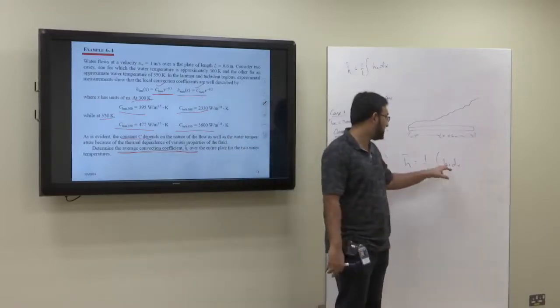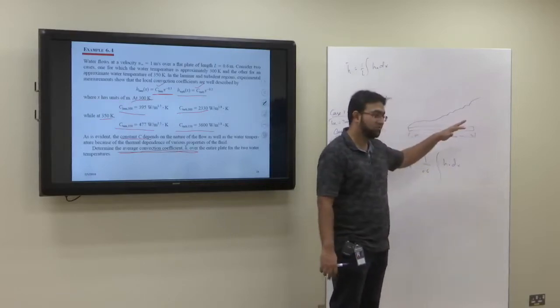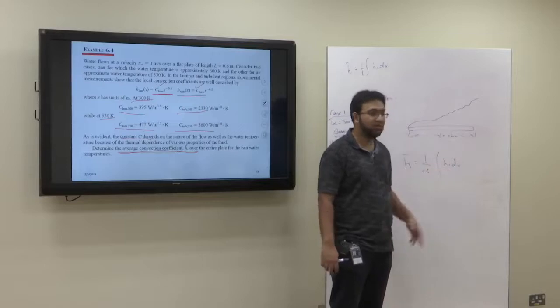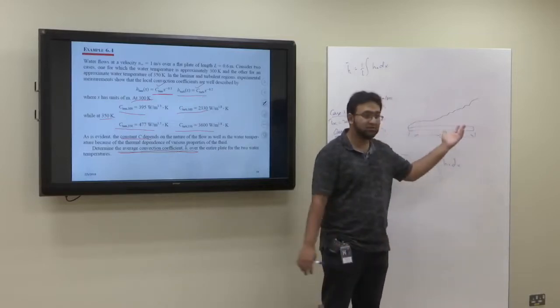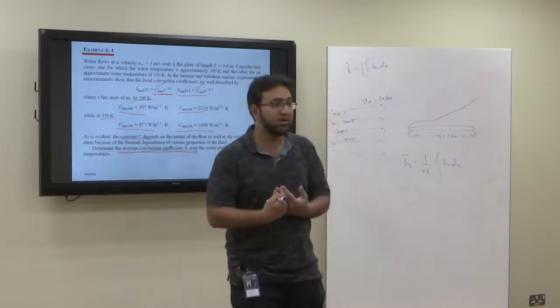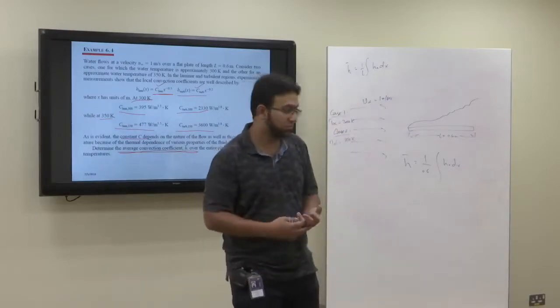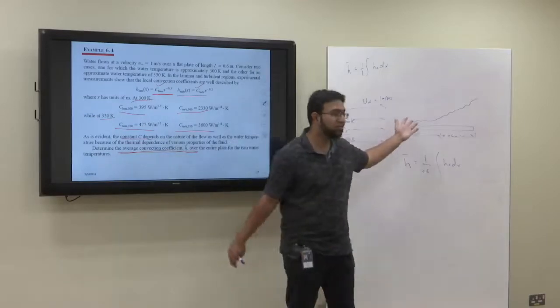If I use turbulent here, that means I'm assuming that everything is turbulent. If I use laminar, then I'm assuming everything is laminar. Even if I add them together, I'm assuming that there is both laminar and turbulent. We don't know whether we have a turbulent portion or not.